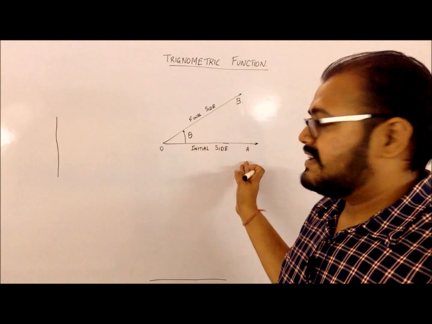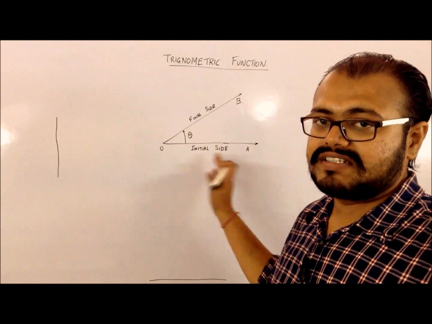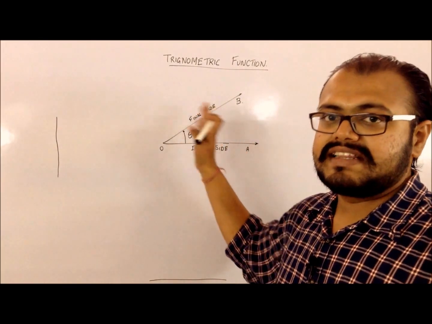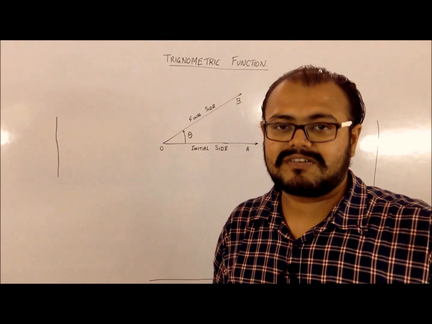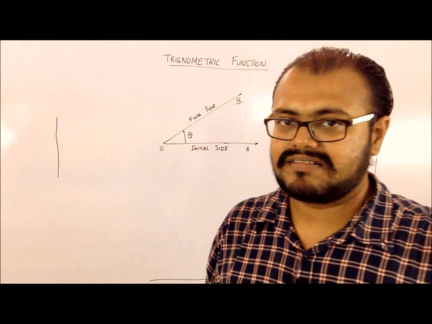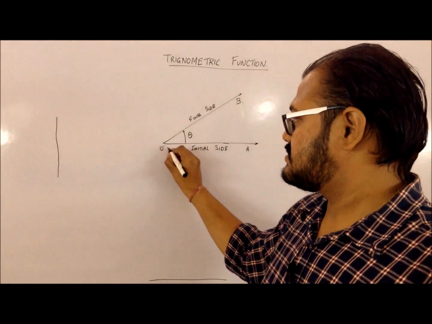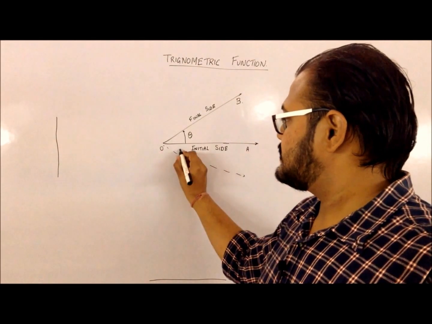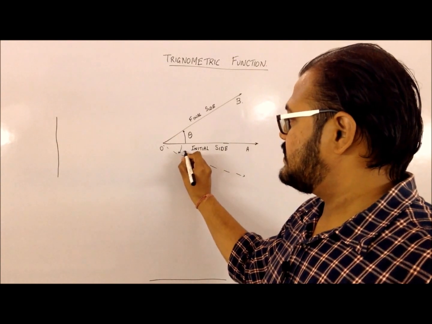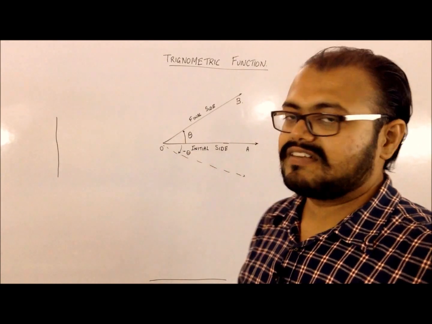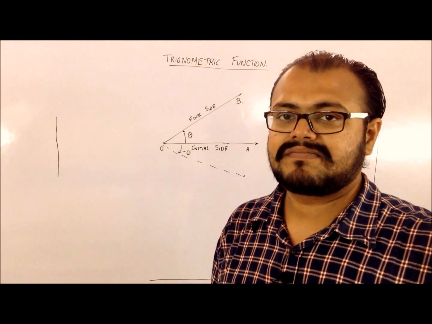If my point A or the ray OA is going in the anti-clockwise direction, it will have a positive angle, and if it is going in the clockwise direction, that is in this fashion, then this angle which forms is a negative angle, so that will be a negative theta.